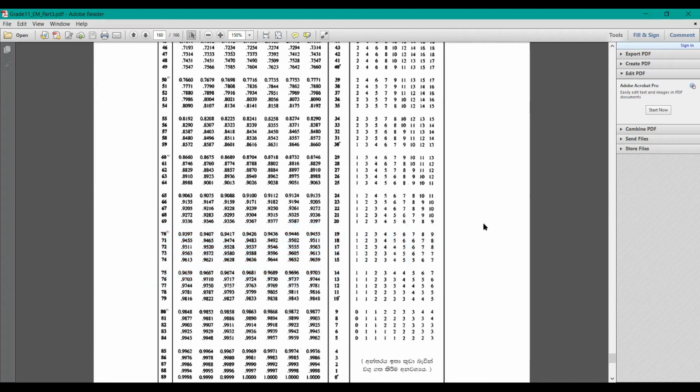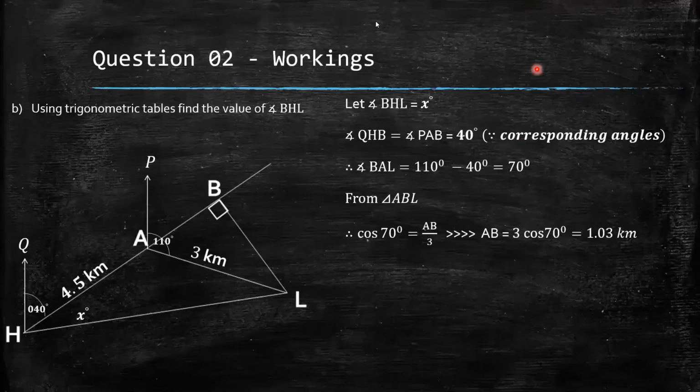Let's keep those two numbers in mind and move back. So you know 3 times cos 70. Now you know the value of cos 70. I think you can refer to your tables and get the value of cos 70 as I mentioned. So 3 times cos 70 will be 1.03. So you know the value of AB now.